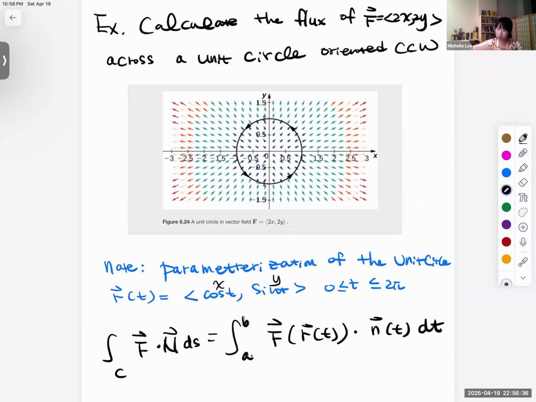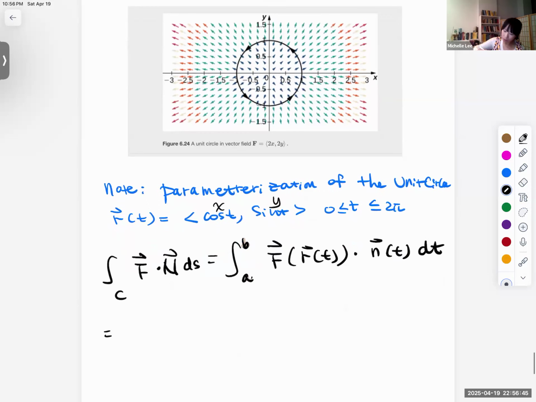So the parameterized vector field is 2 cosine t and 2 sine t, from 0 to 2 pi.